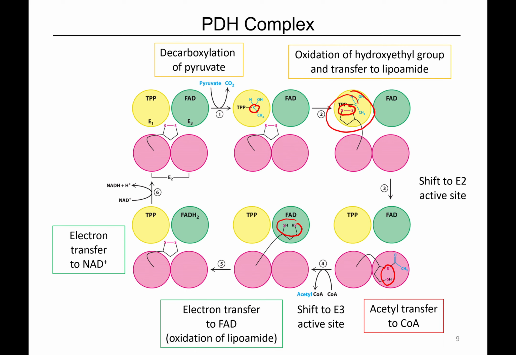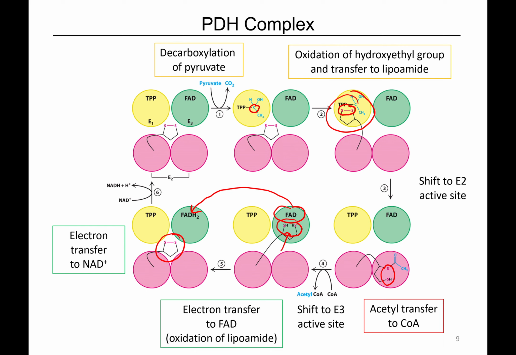Okay? So these electrons are first passed through FAD. So FAD in the oxidized form gets reduced to make FADH2, and our lipoic acid, which starts reduced, gets oxidized. Okay?